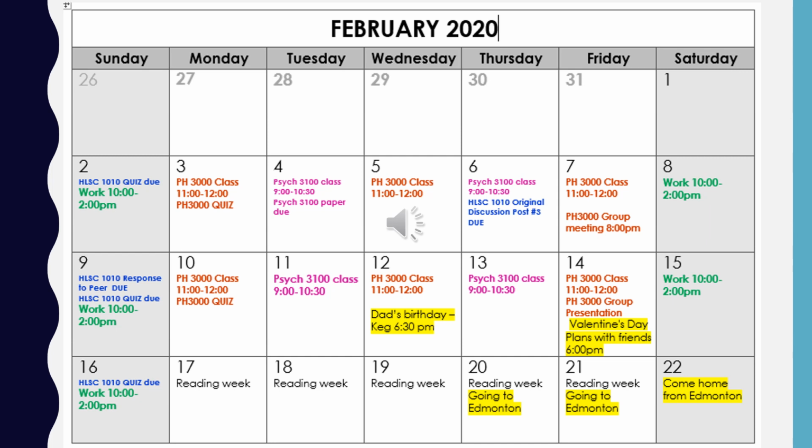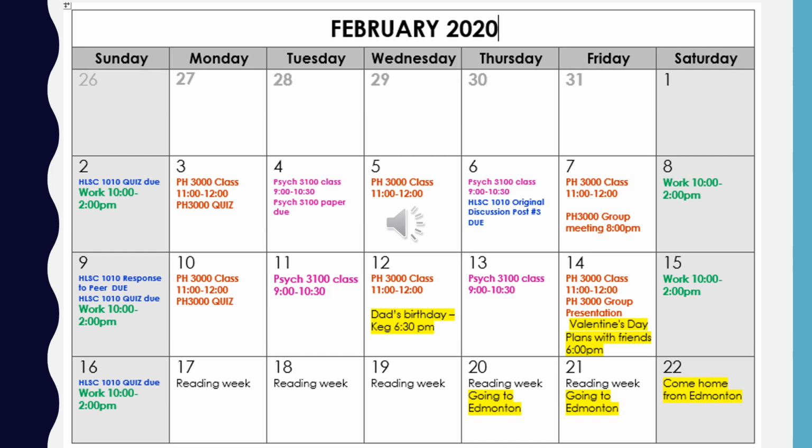Here is an example of a visual representation of timelines and due dates. For example, for the month of February, what I typically do is print off a calendar such as this. I then enter in important dates or commitments for the month so that I know how to organize my time for the month.